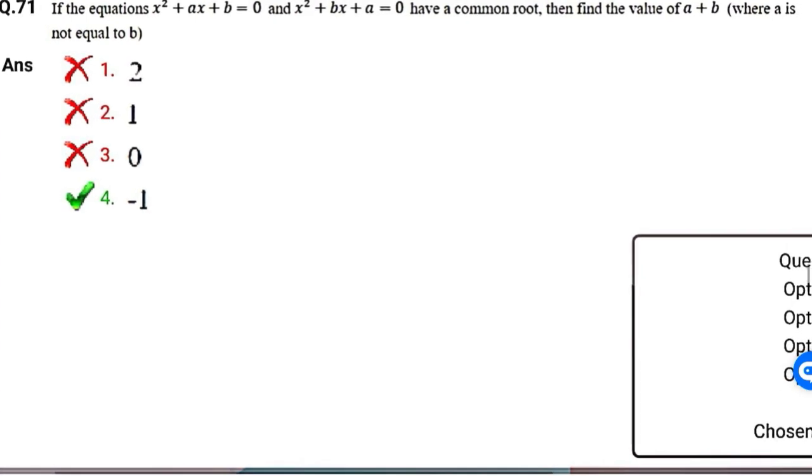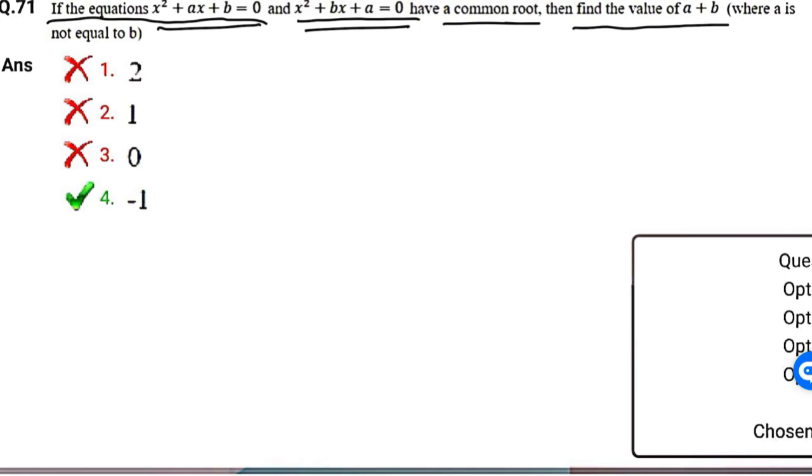If the equations x square plus ax plus b equal to 0 and x square plus bx plus a equal to 0 have a common root, then find the value of a plus b where a is not equal to b. Let the common root be z.